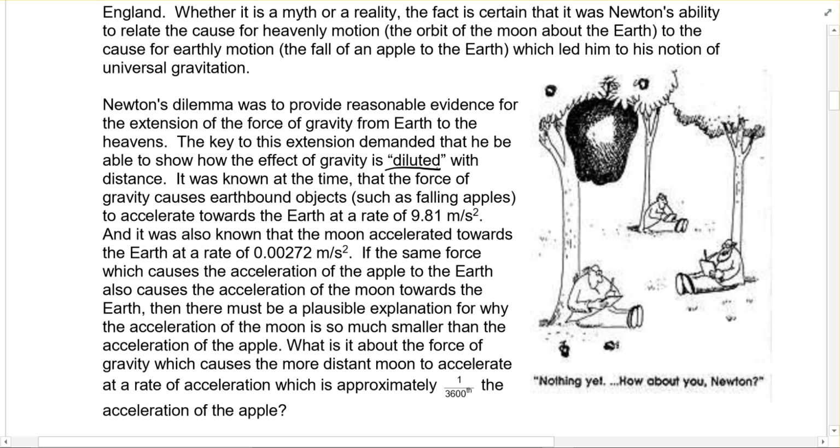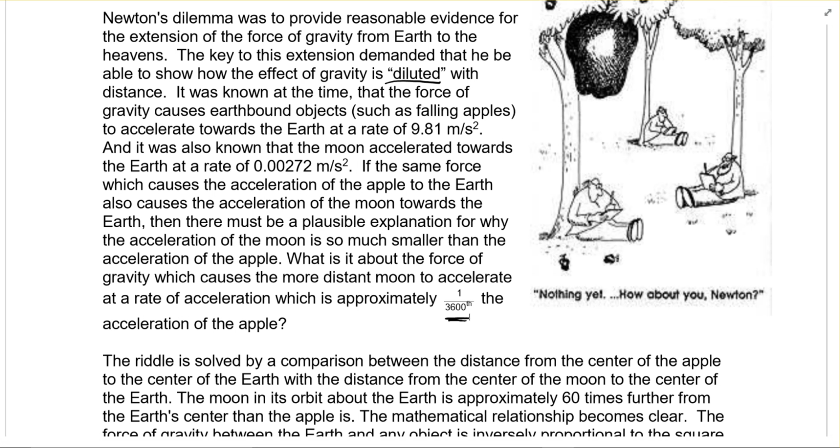If you're comparing an apple falling toward the Earth and the moon being attracted to the Earth, the gravity of the moon being attracted to the Earth is 1 over 3,600 that of the acceleration of the apple. So the acceleration of the apple is way more. But why? And sorry, I misspoke there. Not the force. The acceleration of the apple is that much more than the moon.